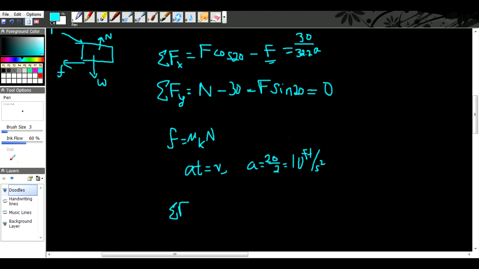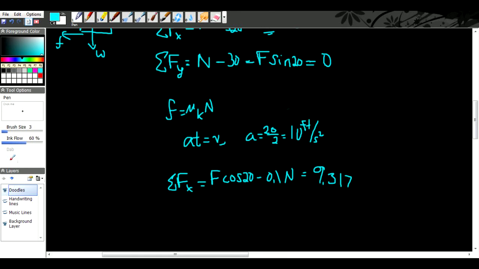The sum of forces in the x is equal to F cosine of 20 minus 0.1, which is mu k, times N, equals 30 over 32.2 times 10, which is equal to about 9.317.